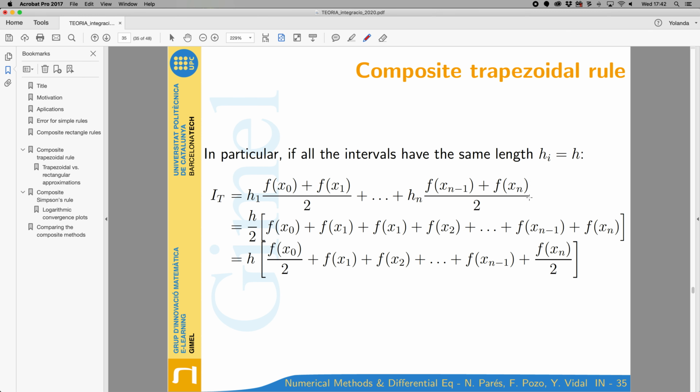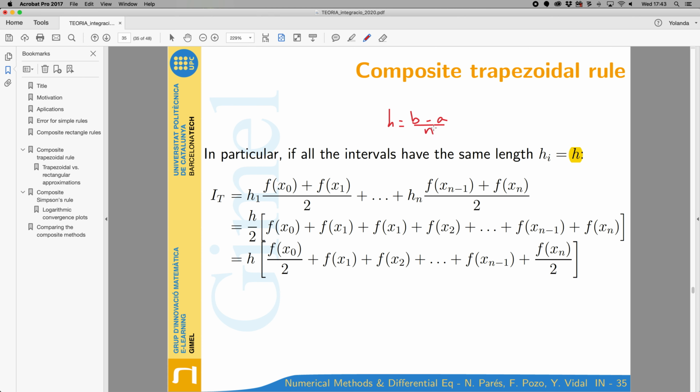And if we assume that we have equally spaced points, so we assume that hi is always the same value, let's call it h. So what I'm saying here is that if they are equally spaced points, h is equal to b minus a divided by n.